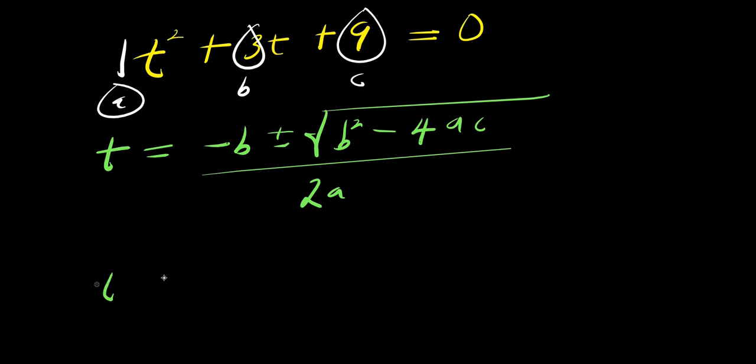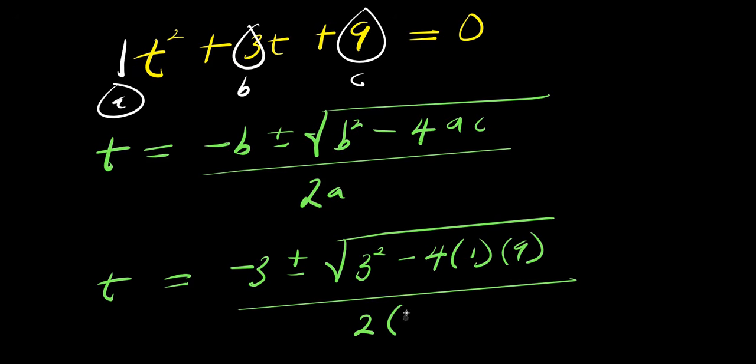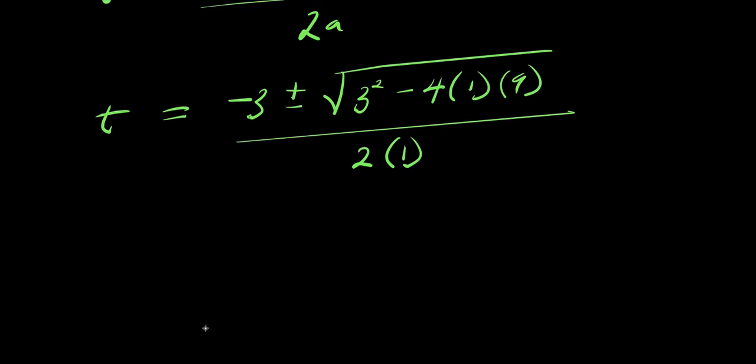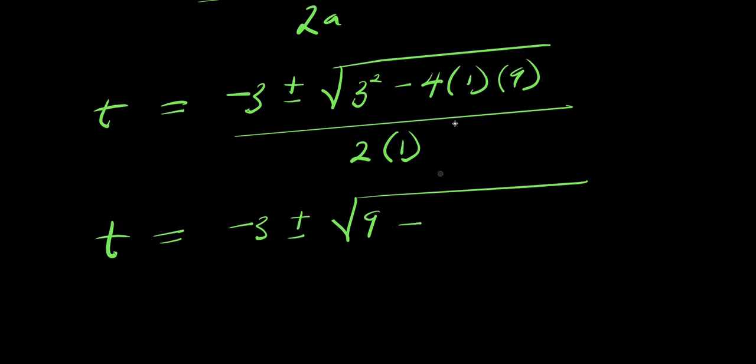So right now, I will have t equals negative b, negative 3, plus or minus square root of b squared, 3 to the power 2, minus 4 times a times c, 4 times 1 times 9, divided by 2 times 1. So from here, I have t equals negative 3 plus or minus square root of, this is 9 minus 36, divided by 2.